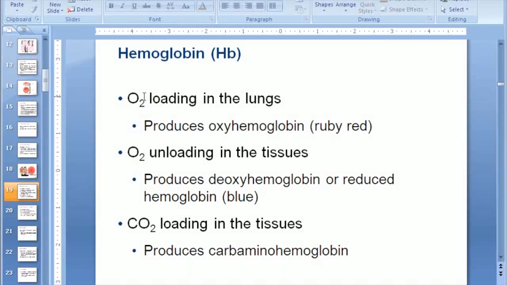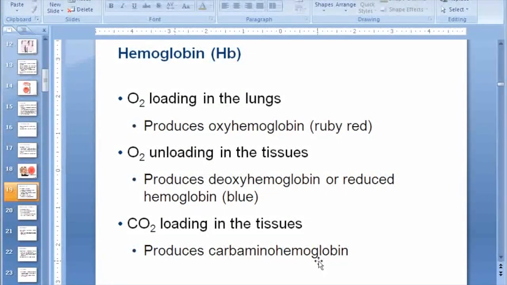What I hinted at earlier but didn't totally tell you is that the globin portion carries CO2. The little sausage-looking chains carry some CO2. And when CO2 is being carried by the hemoglobin instead of the oxygen, we call it carbaminohemoglobin.